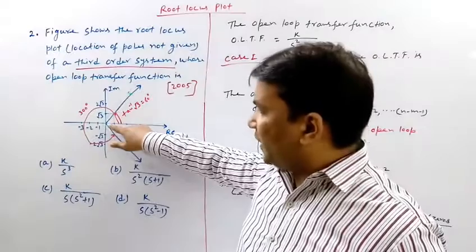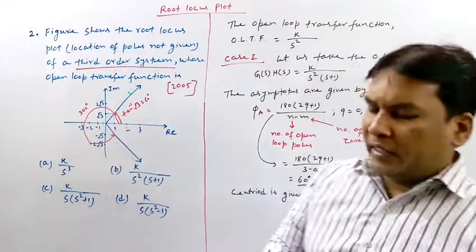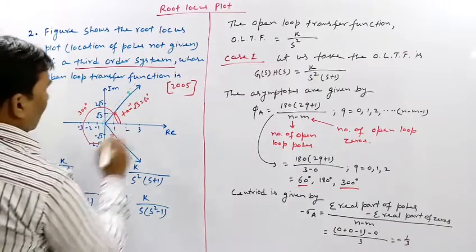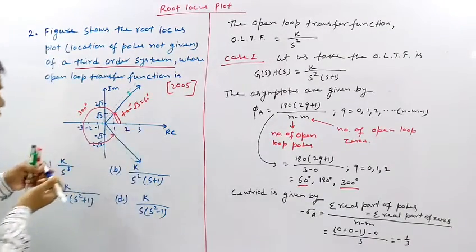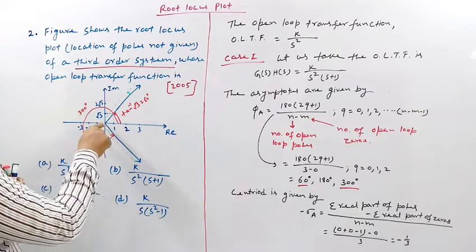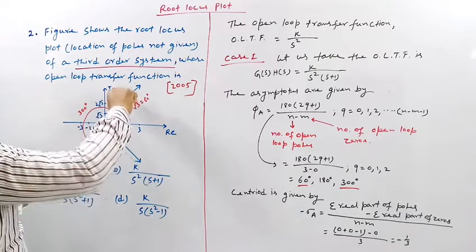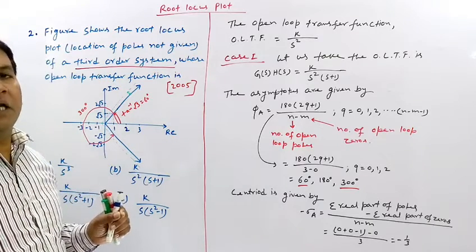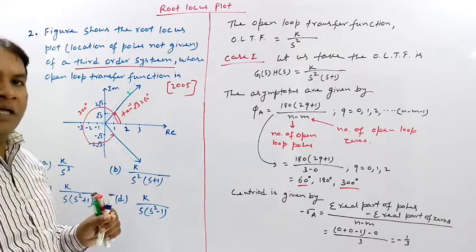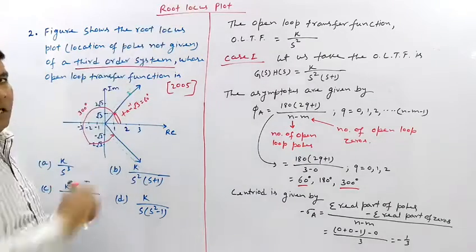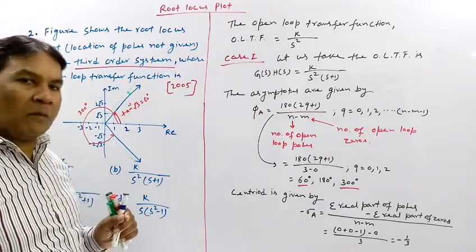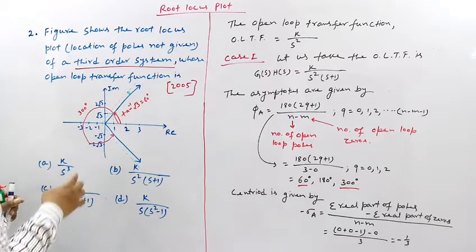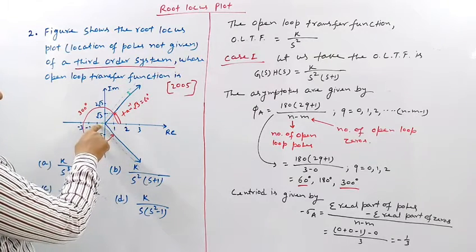So the asymptote must start at s equal to 0, because if it does not start at s equal to 0, then the distance will be maintained. And the definition of asymptote itself says that there should be no distance between the curve and asymptote if we go to infinity. So this cannot be the starting point of asymptote.